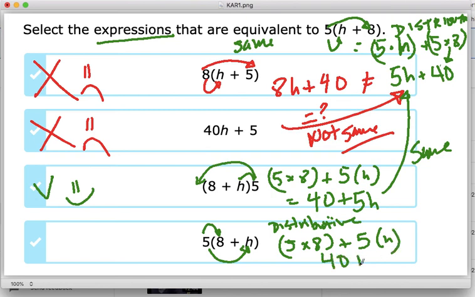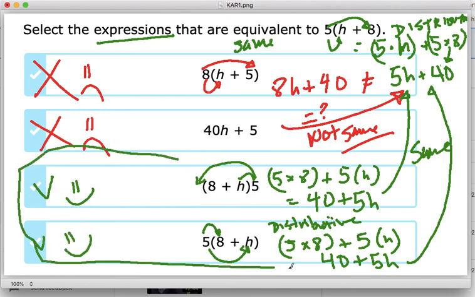That's 40 plus 5h. Is that the same? Yeah, because the order, we got 40 right there. We got 5 h's. You add them together. Even though the order is a little bit different, both of these work. So you would select the last 2 answers to make this work.